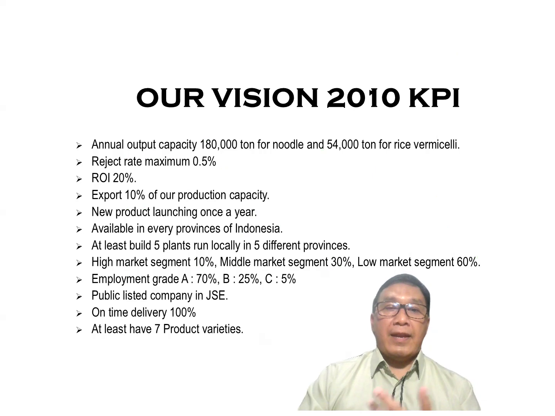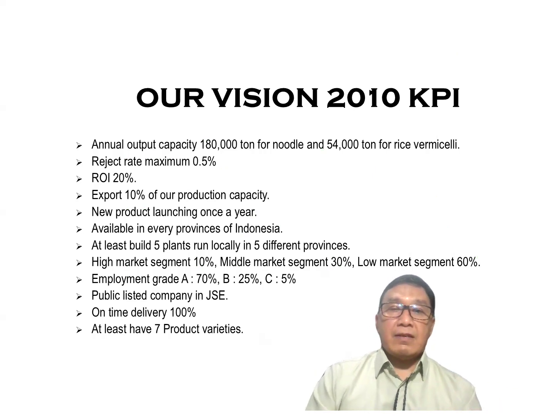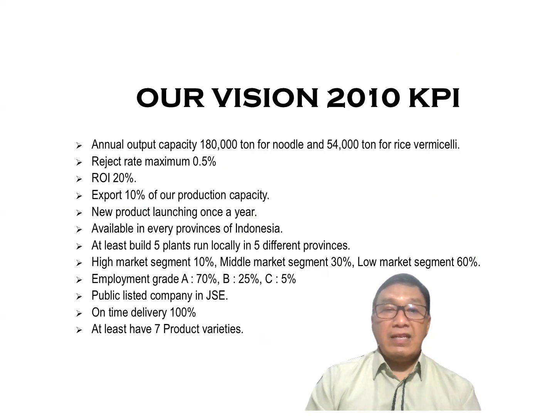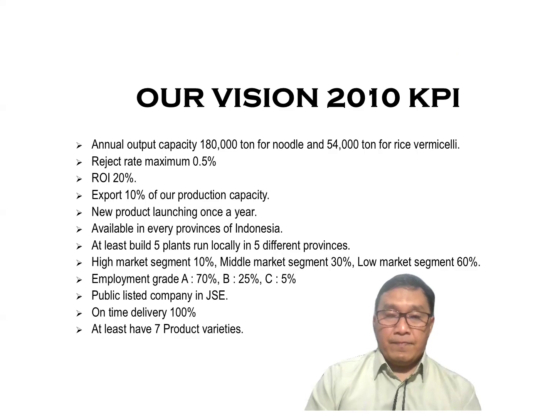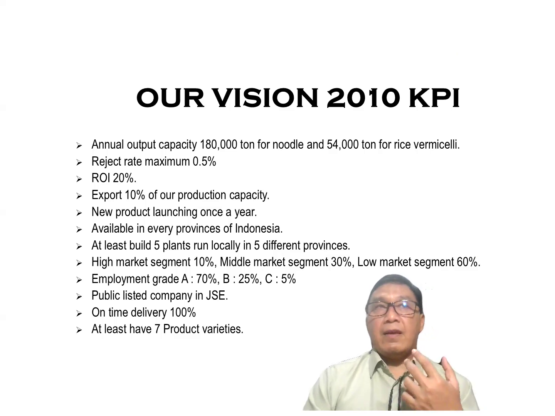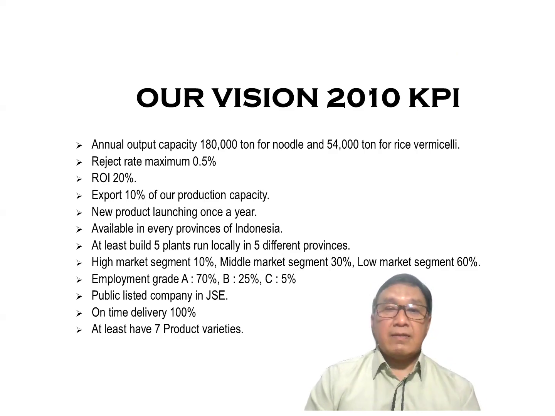Annual output capacity, 180,000 tons a year. This is a KPI to support national leader, for example.